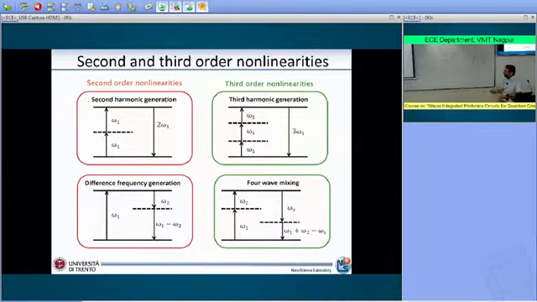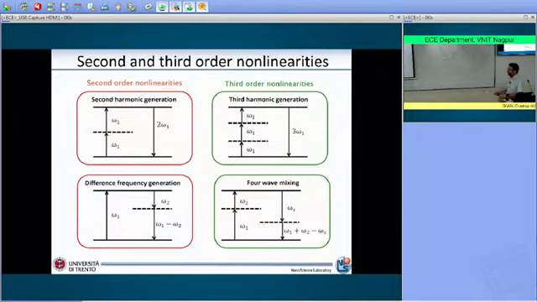The kind of nonlinearity that emerges if you use a second order effect is called second harmonic generation, by which two photons annihilate, generating a photon that has a frequency 2 times that of the two annihilated photons.